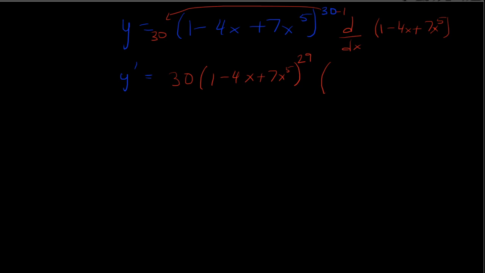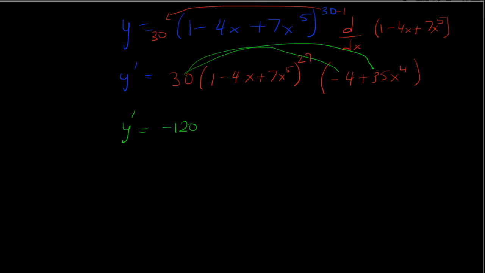Times the derivative of 1, which is 0. The derivative of negative 4x is negative 4. And then 7x to the 5th gives 35x to the 4th. The 30 is going to distribute out to the negative 4 and the 35x to the 4th. So 30 times negative 4 is negative 120.